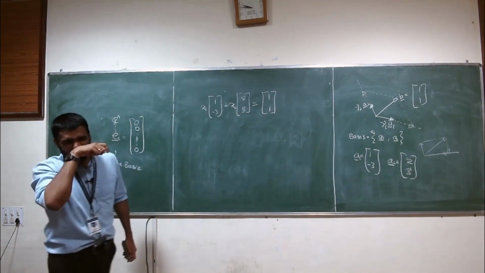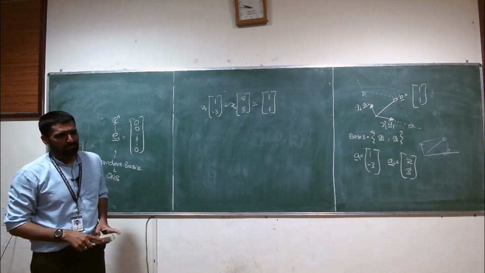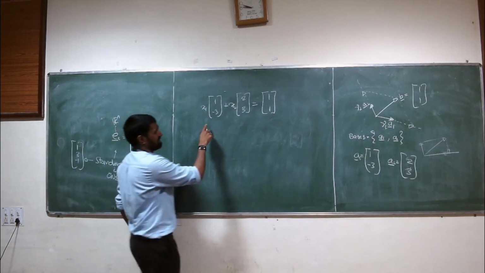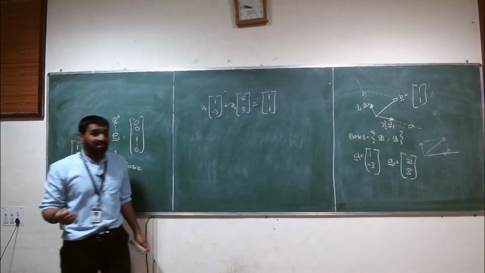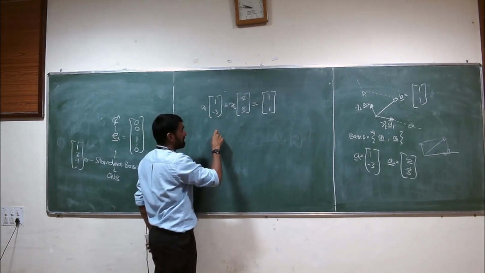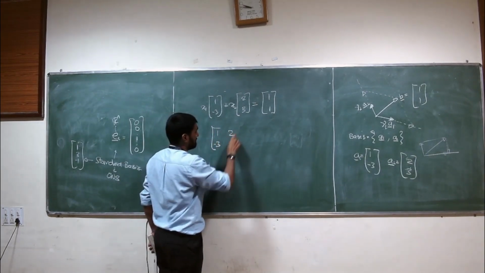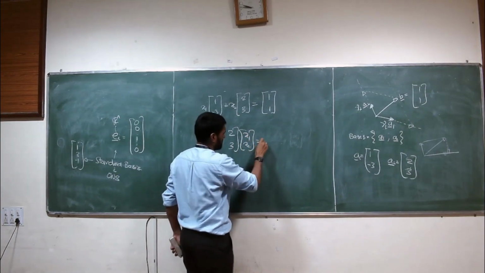Now, how do we find x1 and x2? Exactly. We can write this in a matrix form, no? What is it? So, x1, x2.